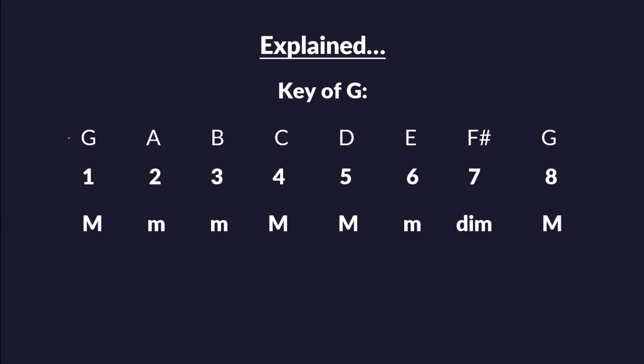This is true in all keys, not just in the key of G: the 1 scale degree will always make a major chord, the second will always make a minor, third will make a minor, fourth major, fifth major, sixth minor, seventh diminished. We don't really use those chords too much, and then it just repeats again.